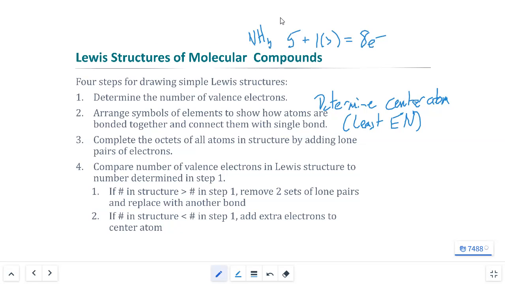We're going to make sure everybody has an octet, and we're going to do it by using those lone pairs of electrons. That's what would give us what is called the simple structure. Now, that simple structure may not be correct. How we check it is what step number 4 is all about.